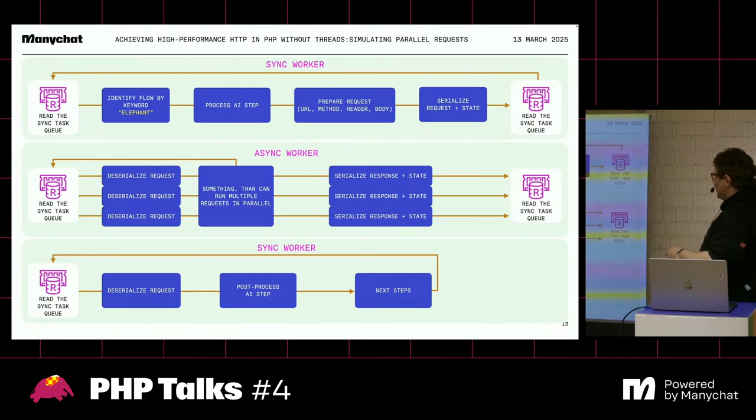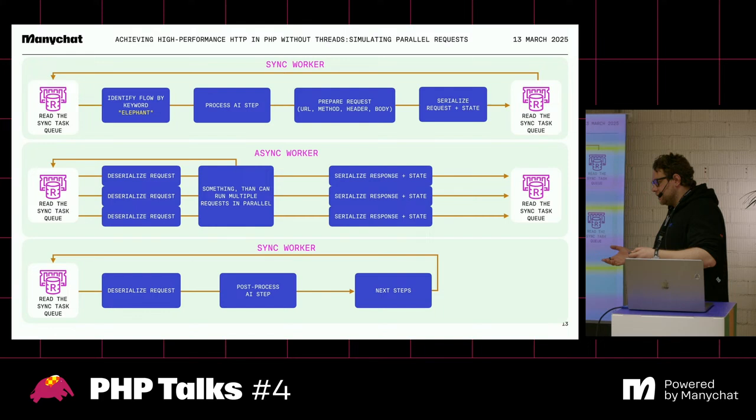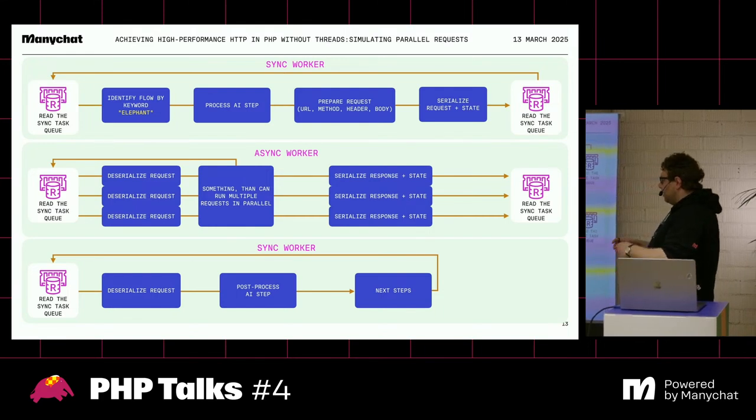Yeah, instead of making the request on the PHP side, we just prepare the request there, serialize the request itself, the business process state, like who the user is, the customer communicating with us, and all this necessary stuff, and just send the task to some more specialized worker that is more capable of doing concurrent requests in parallel.